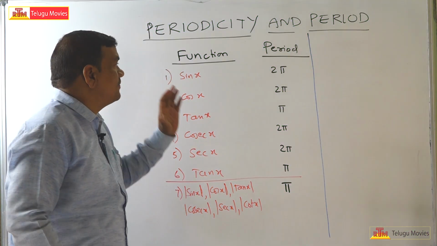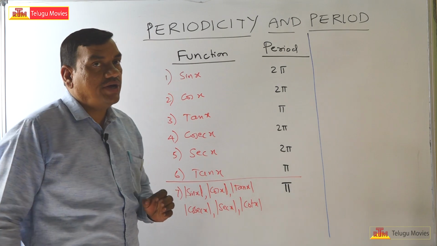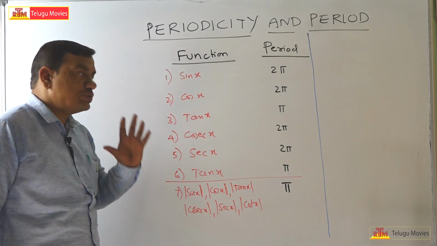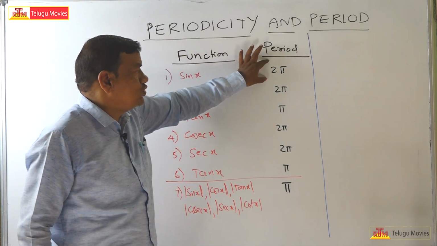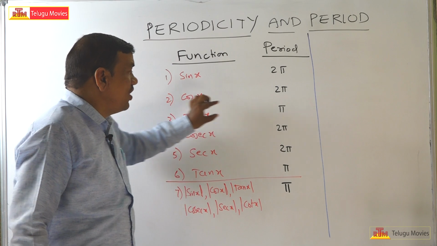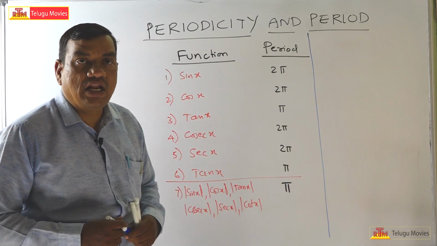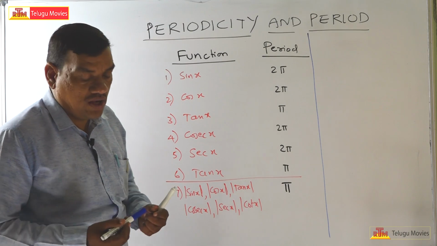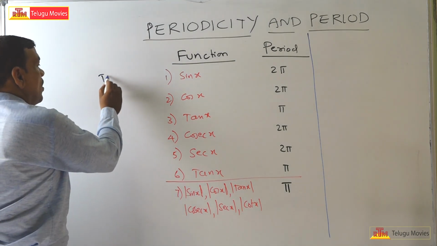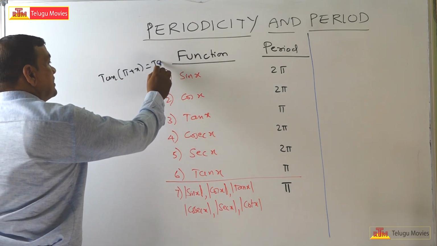Let us see the periods of the fundamental trigonometric ratios. There are 6 fundamental trigonometric ratios. The period of sin x is 2 pi, the period of cos x is also 2 pi, whereas the period of tan x is pi. Why, sir? You can draw the graph and observe from the graph. Otherwise, a very simple reason is that tan of pi plus x is equal to tan x.